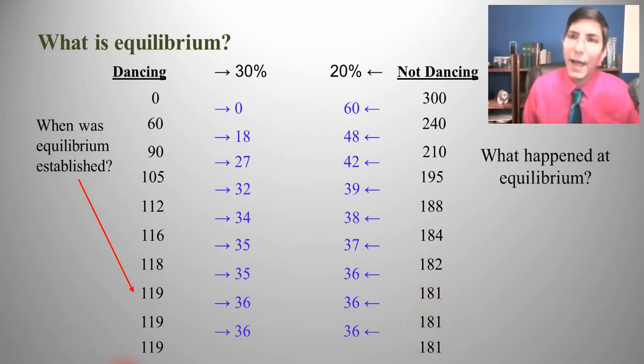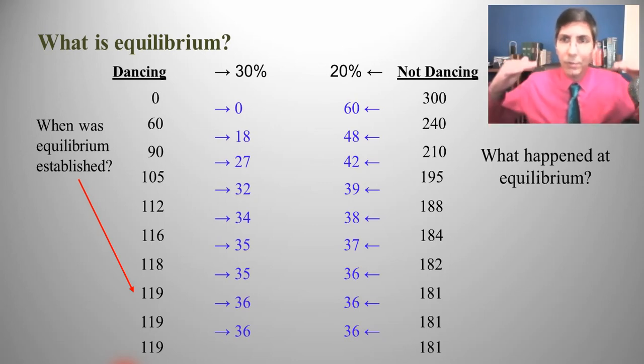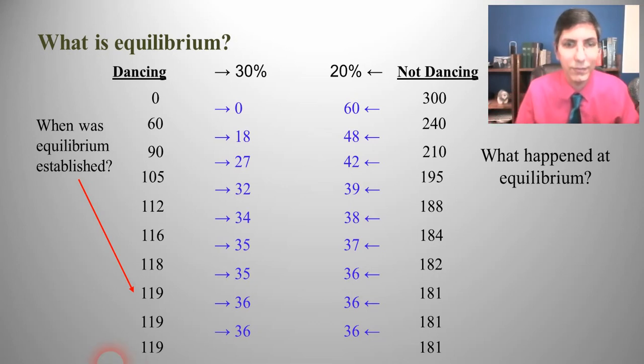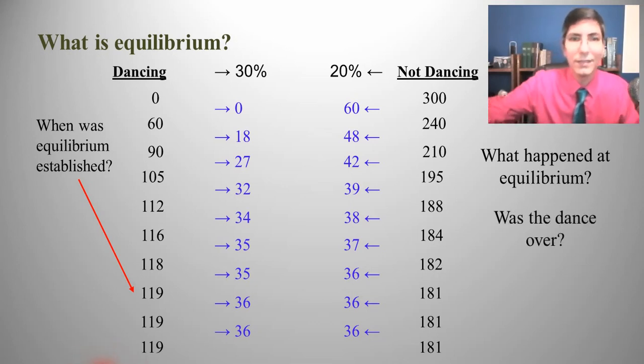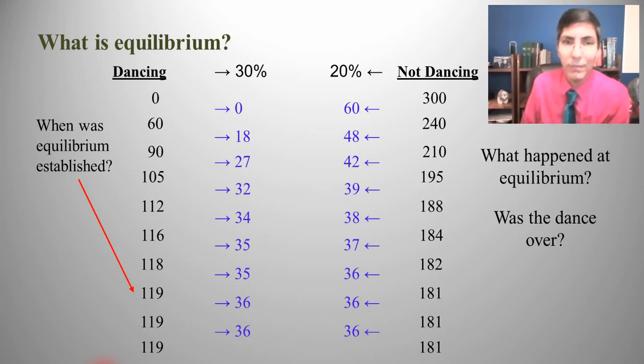Now, what happened when we attained this dance floor equilibrium? Well, as we just said, the net change of the number of people on the dance floor or not on the dance floor was 0. Those numbers after that point stayed constant. Now, does that mean that the dance ended once we got to dance floor equilibrium?